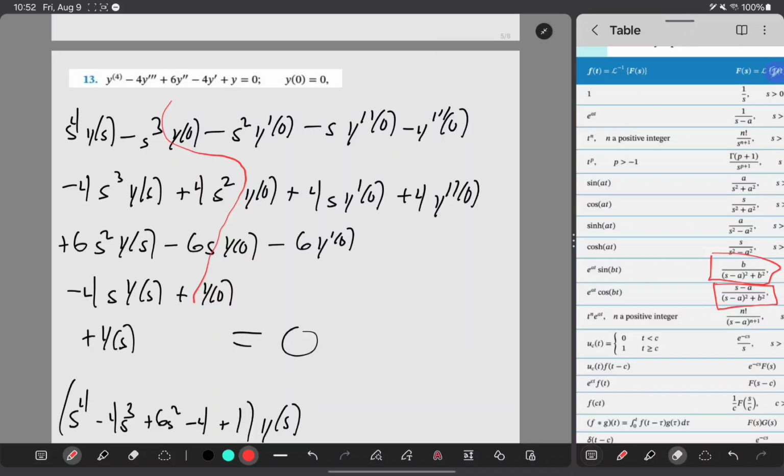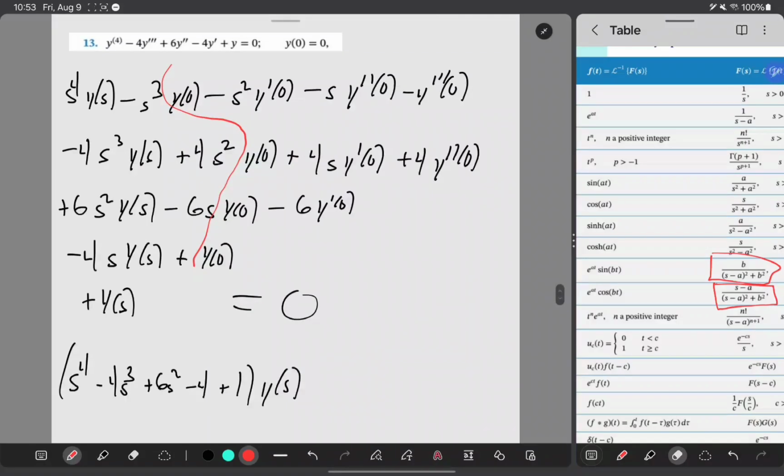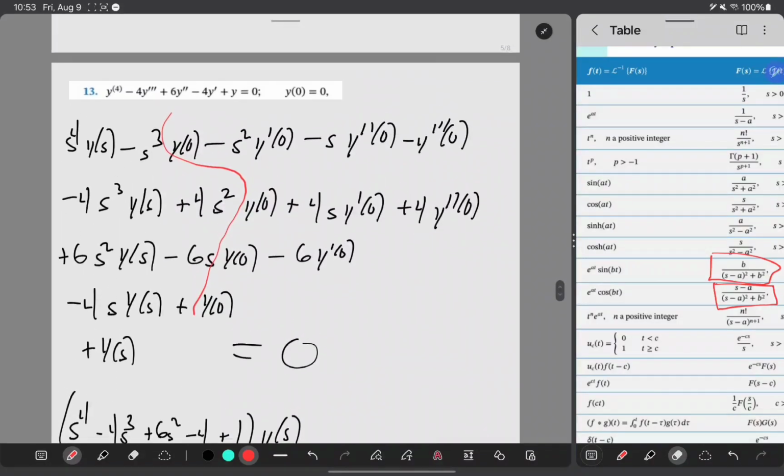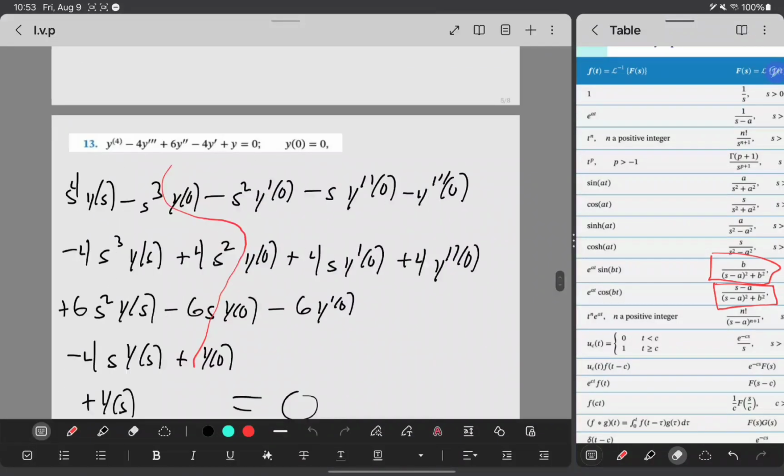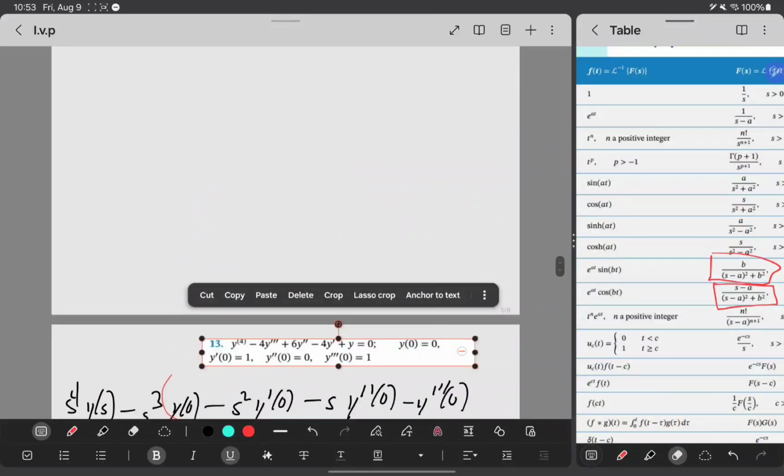Where did they get that from? Four S. Am I missing part of it? Wait. I'm probably missing part of the problem. I'll be right back. I was in fact missing all the I.V.Ps.